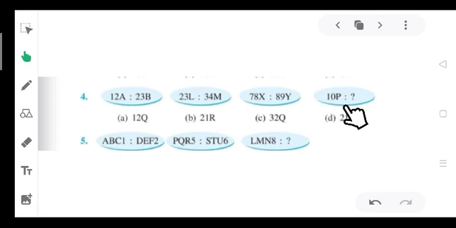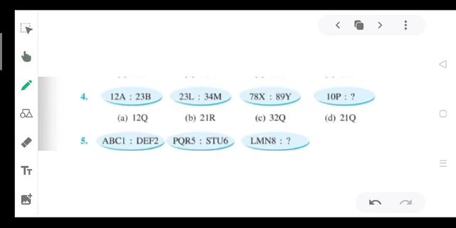1, its next number will be 2. 0, next digit will be 1. P, its next letter will be Q. So what will be our answer? Right answer here? 21Q. So check the option. Is this? No. Which is the right option? 21Q. D is the right option.